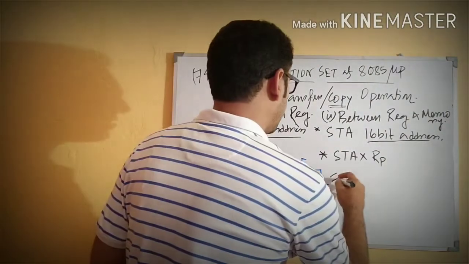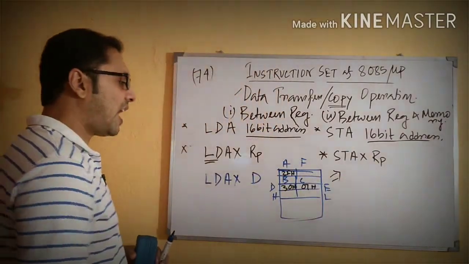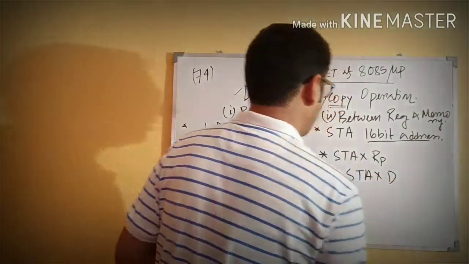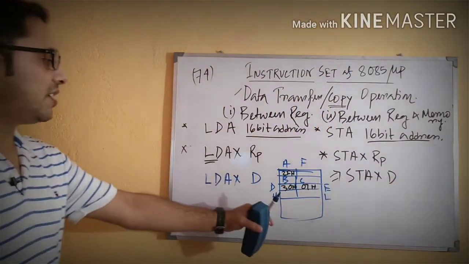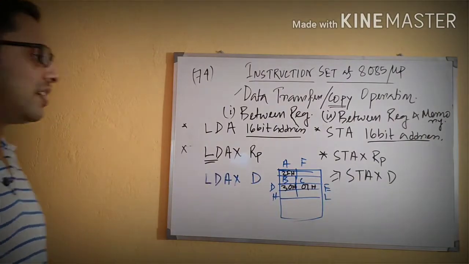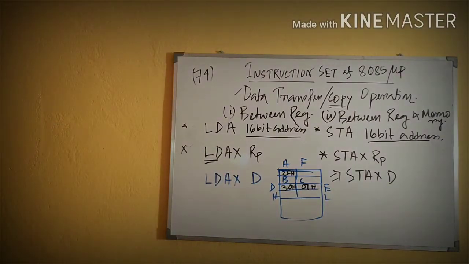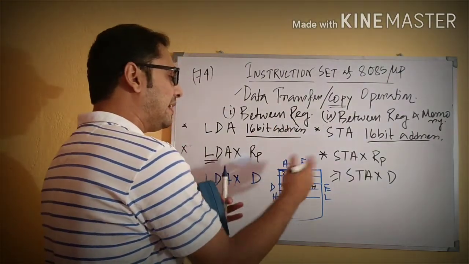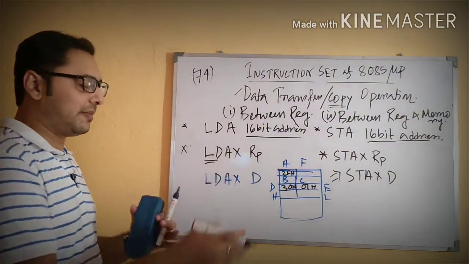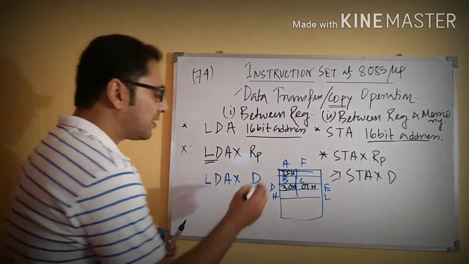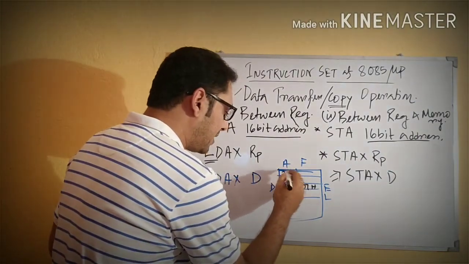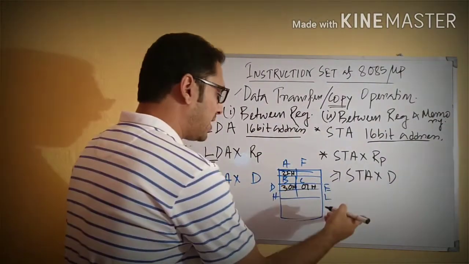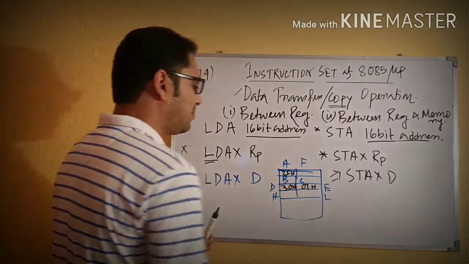That will be easy to understand with STAX. I have written STAX D. So that is the condition. Then I want to execute STAX D. STAX D means we are talking about the storing operation of the indirect method. So the content of this accumulator, 2F hex, will be stored to the location denoted by the DE register pair.